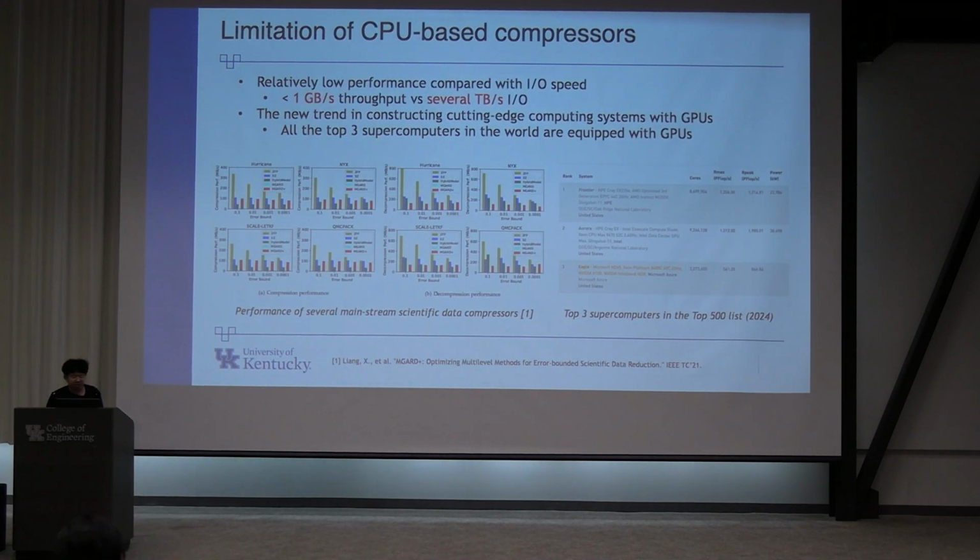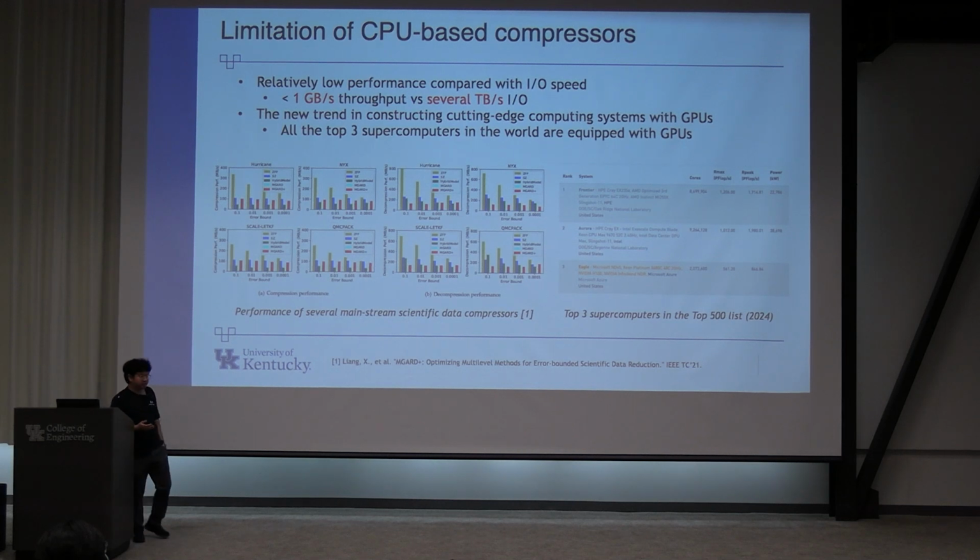The traditional approach of lossy compression is usually CPU-based, but this can cause some problems in cutting-edge systems. One of the reasons is that CPU-based compressors have relatively low computing performance compared to the I/O speed. As we can see in the figure, this is our recent paper in 2021. It compared the computing performance of different lossy compressors.